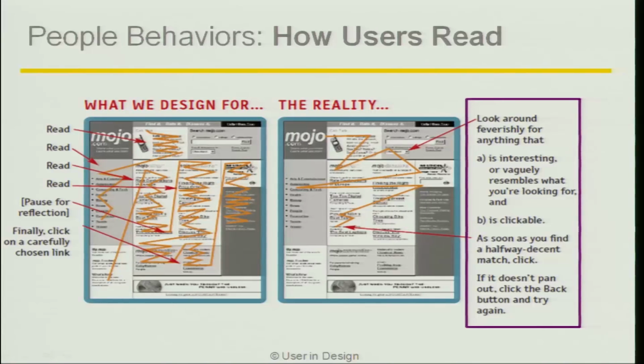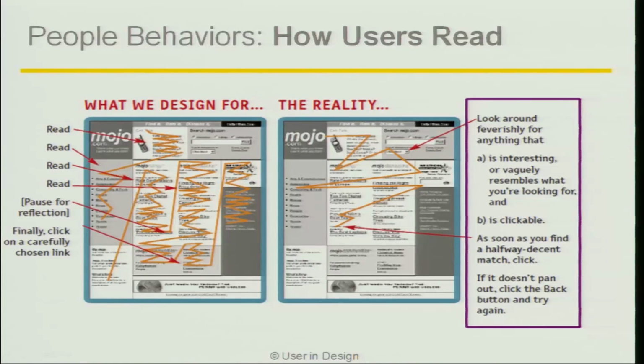Zip, zip, jump here, jump there, look for something, look around feverishly. If there's anything interesting or vaguely looks like what you think it is and it looks clickable, click on it. And as soon as you find a halfway decent match, just click on it. If it doesn't work, click the back button and come back again. So that is how users actually behave.